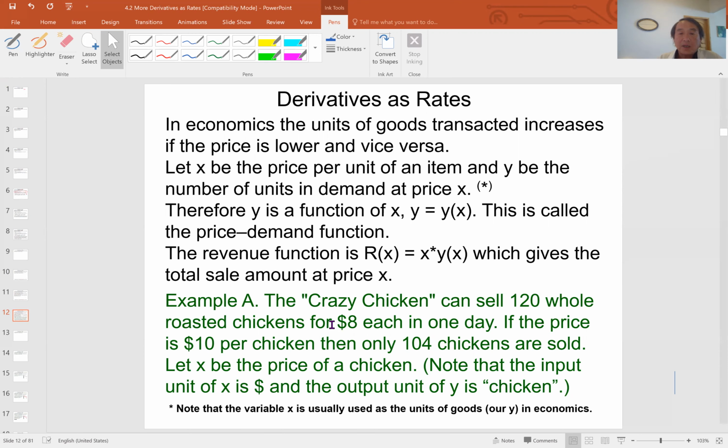If I raise the price from $8 to $10 per chicken, of course fewer people will buy the chicken. I find that on average only 104 chickens are sold. From here we're going to estimate the relationship between the price and the demand. That is, we're going to approximate these functions.